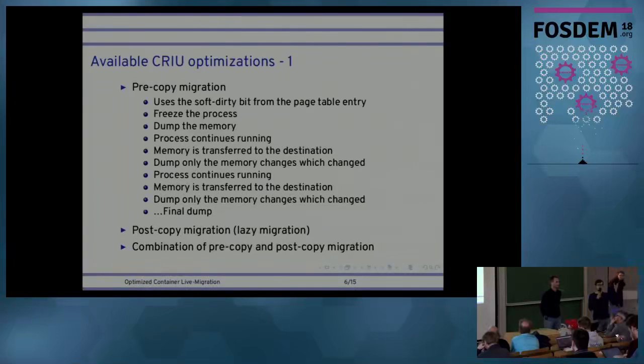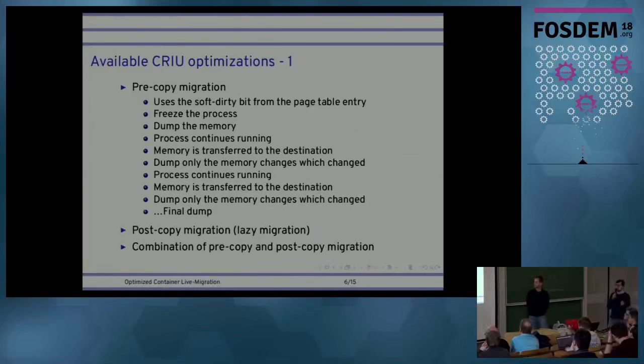So what you do is clear the soft-dirty bits, then wait for the process to do anything interesting, and then check the page table entries for the soft-dirty bit again, and then you know that page has been written to. So what you do now is freeze the process and dump the memory, the process can continue to run, and then you can transfer the memory state to the destination. The trick is that you only dump the memory which has changed.